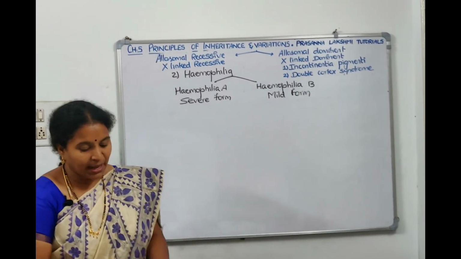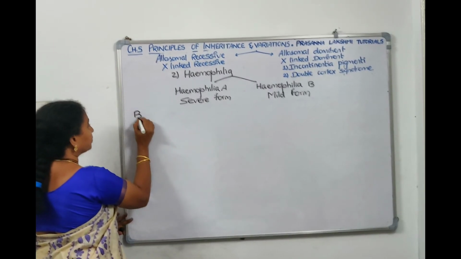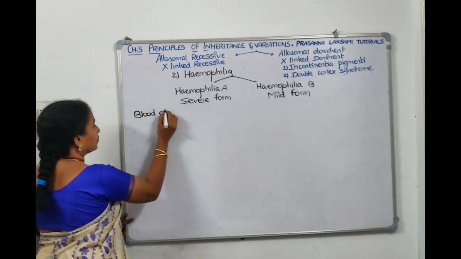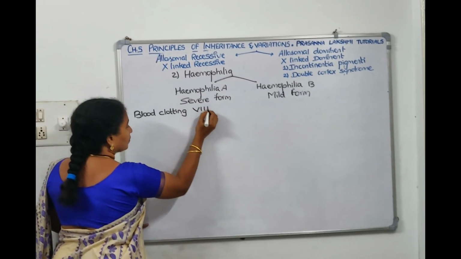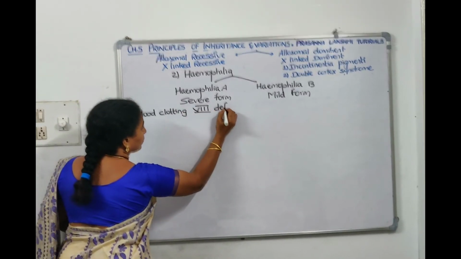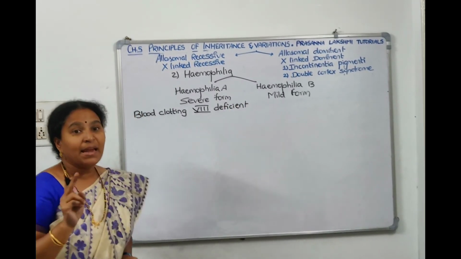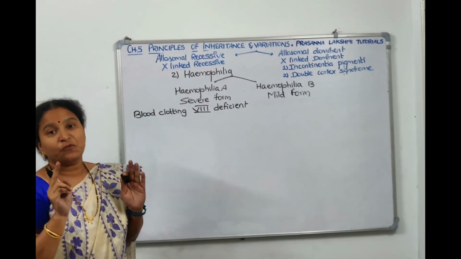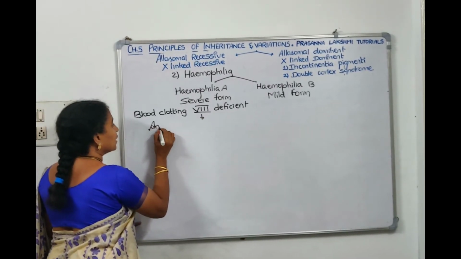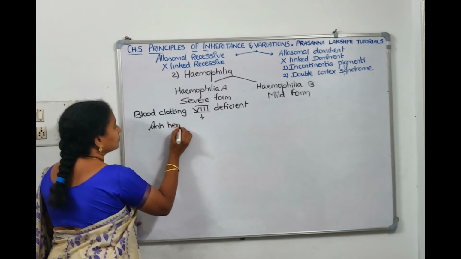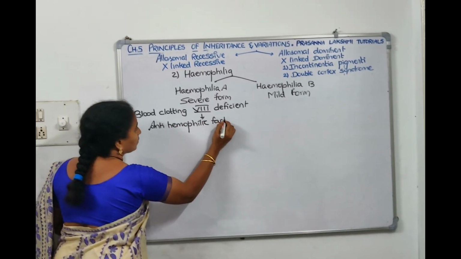In hemophilia A, blood clotting factor 8 is deficient. Blood clotting factor 8 is called the anti-hemophilic factor.